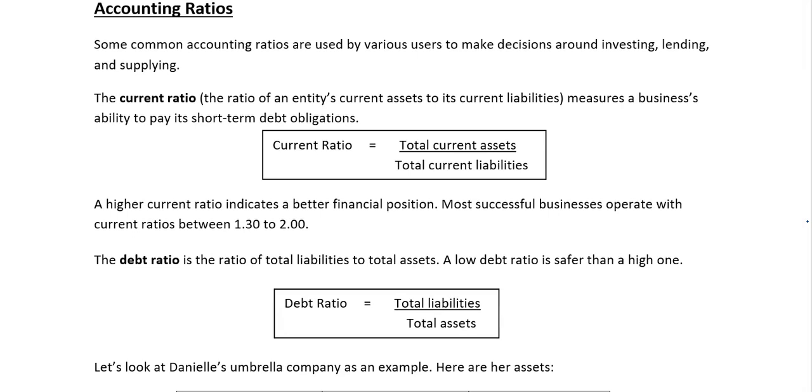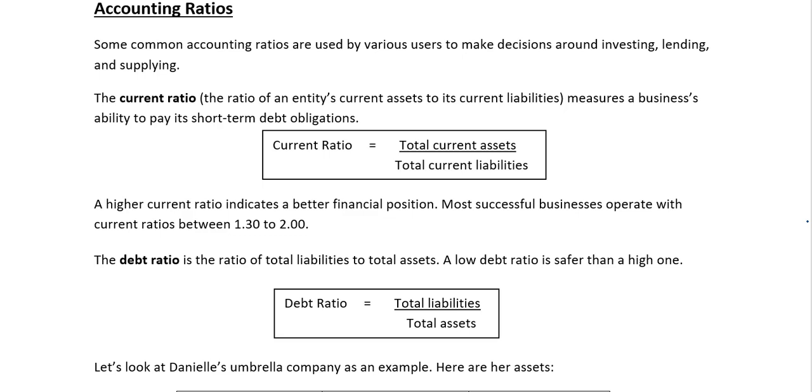Looking at two accounting ratios as we wrap up this chapter, some common accounting ratios are used by various users to make decisions around investing, lending, and supplying. The current ratio, which is the ratio of an entity's current assets to its current liabilities, measures a business's ability to pay its short-term debt obligations.